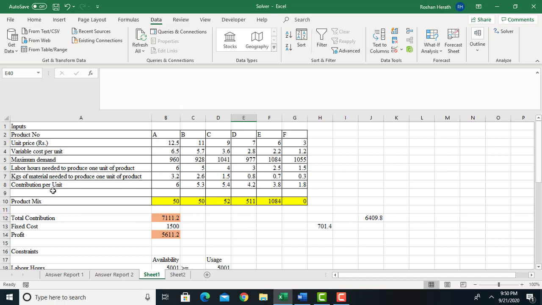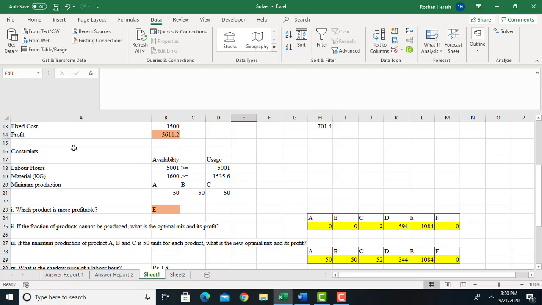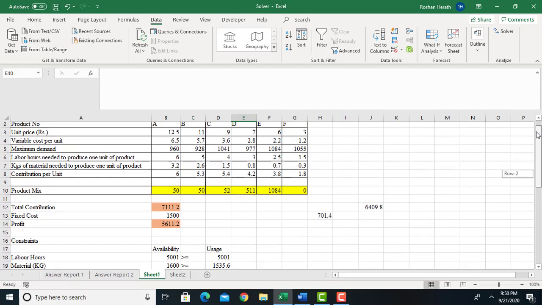Most importantly, you would identify the contribution per unit. Then the product mix is going to get identified. The total contribution, if the fixed cost is available, fixed cost, and thereby the profit. And most importantly, constraints should also be identified. And that is how you approach a question of this nature.